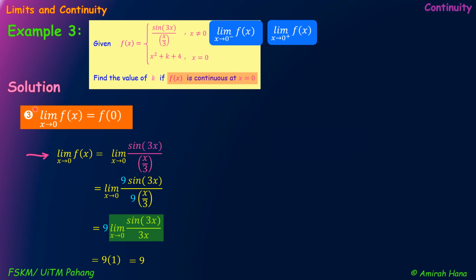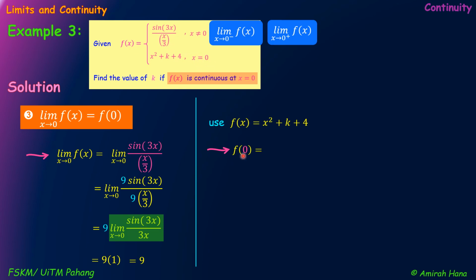After we find the limit from the left hand side, now we want to find f(0) on the right hand side. To find f(0), we need to use f(x) equals x squared plus k plus 4. Why do we use this function? Because f(0) means x equals 0, and x equals 0 is not included in the first domain. It is included in the second domain.